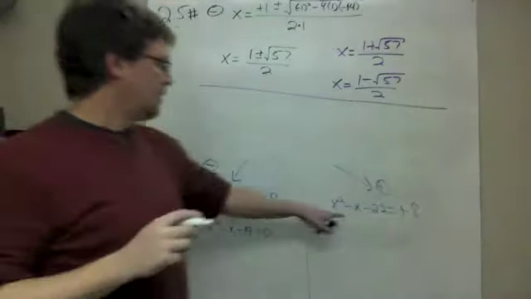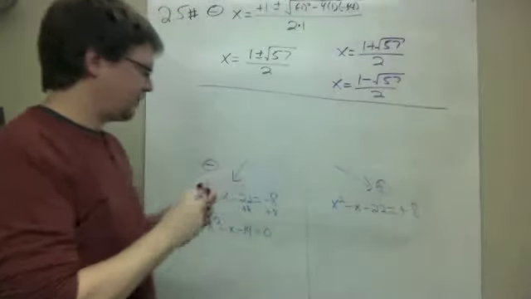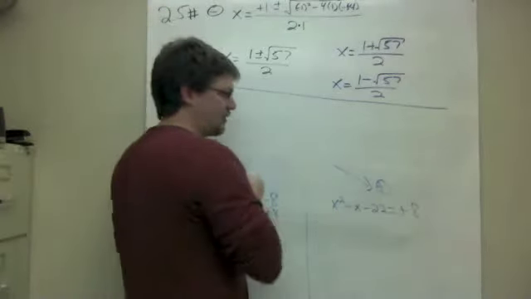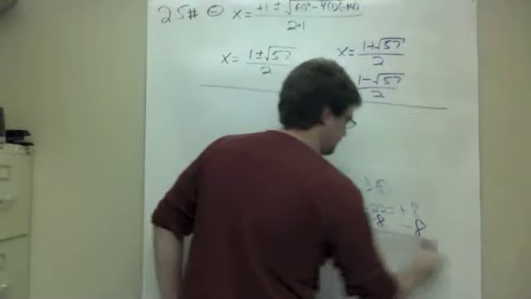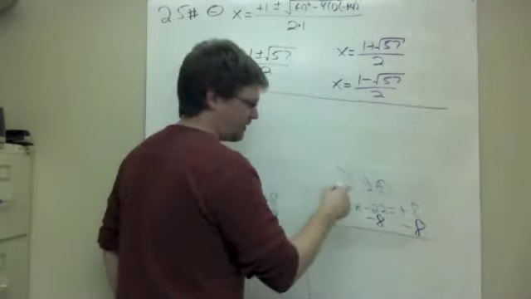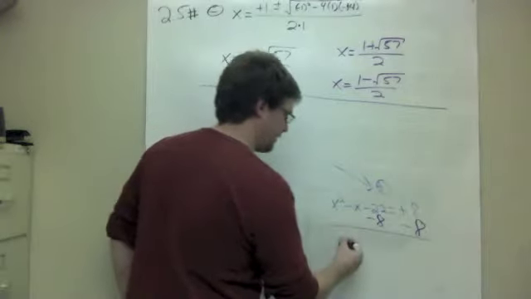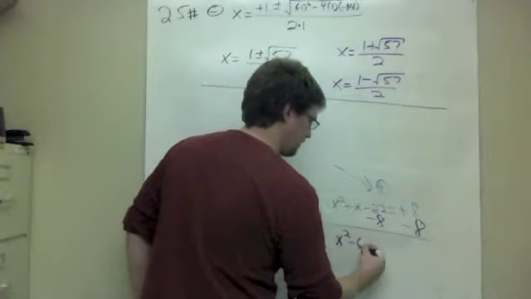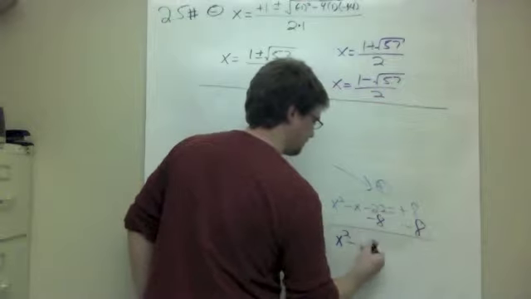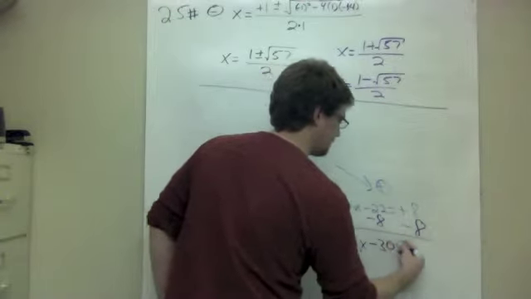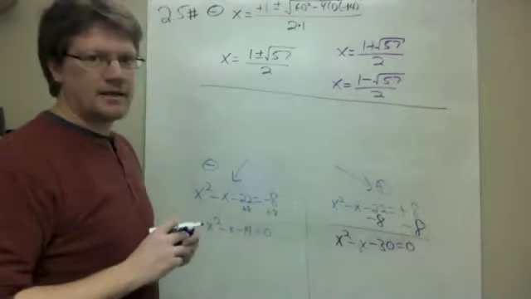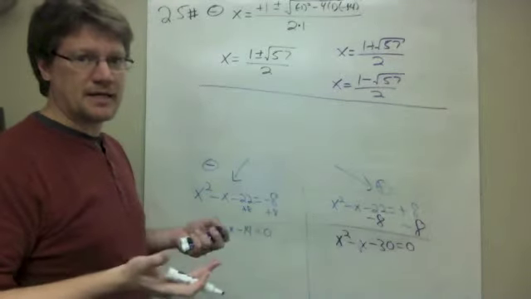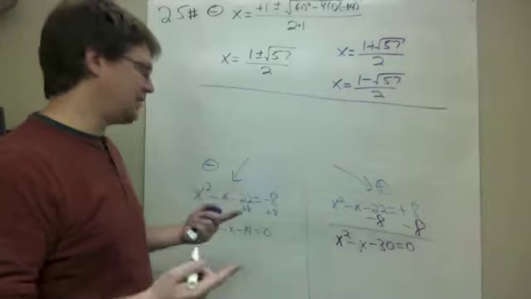Okay. On the positive side, we have a plus 8, so if I subtract 8 from both sides, minus 22 minus 8 is a minus 30. 30 is 5 times 6, and that does have a difference of 1.